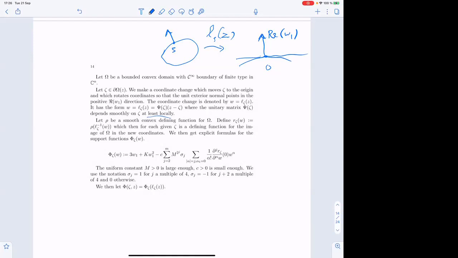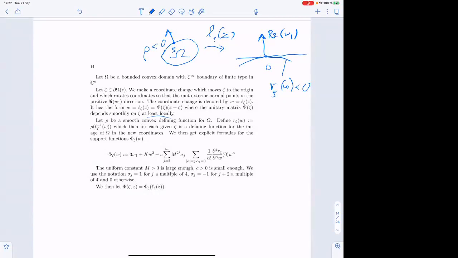And now you start with a smooth defining function rho for omega, and it can be chosen to be convex. And then you get the defining function r zeta, call it w less than 0 in these coordinates. And then you get formulas that depend on the parameter zeta and these new coordinates.